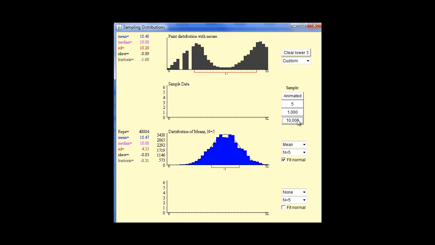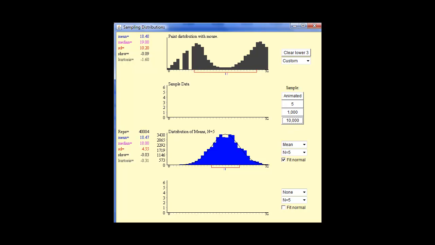So this is the central limit theorem in action. Not only will a distribution of sample means become normal from a normal population, but a non-normal parent population will also produce a normal distribution of sample means.